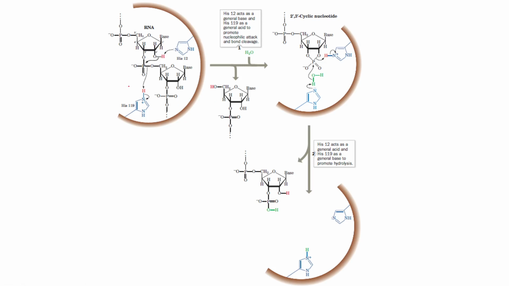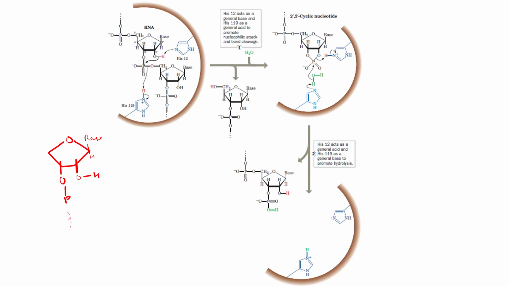So here, for a clear explanation, I will draw it. So this is your ribose sugar, right? And we will have the base here, and then the OH group is here, and then another O, and then PO4 is there.